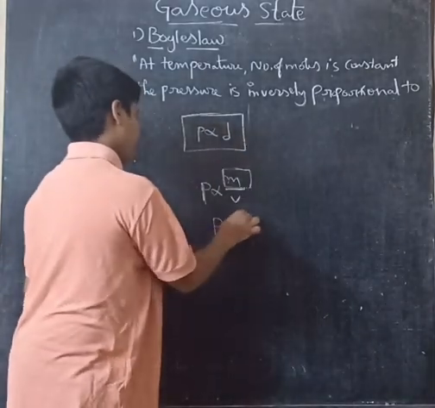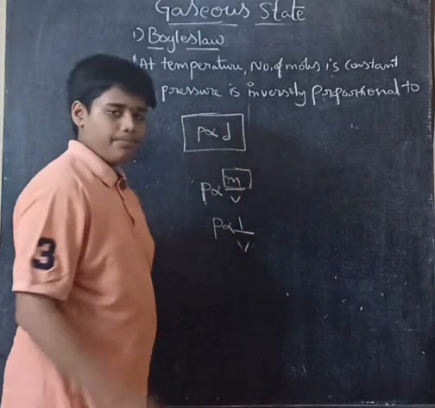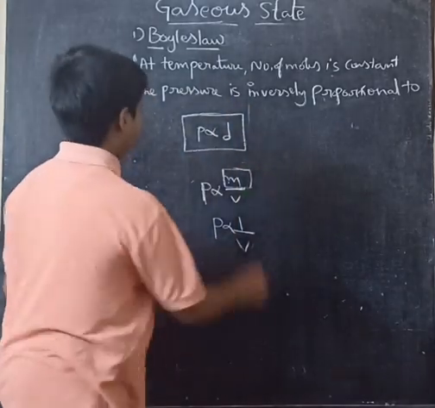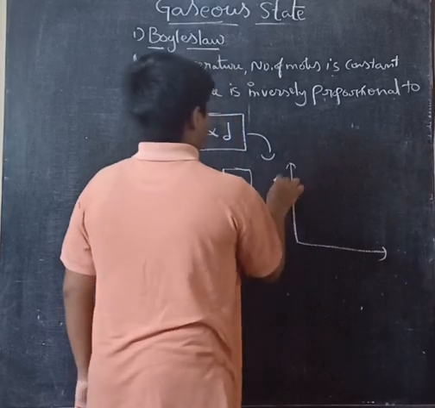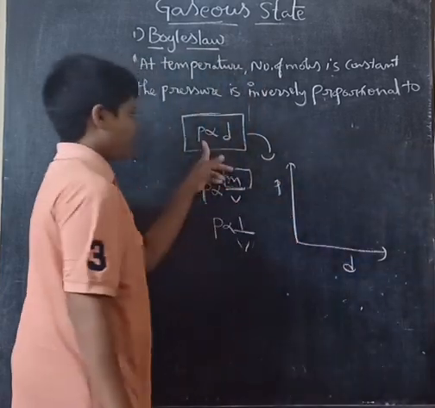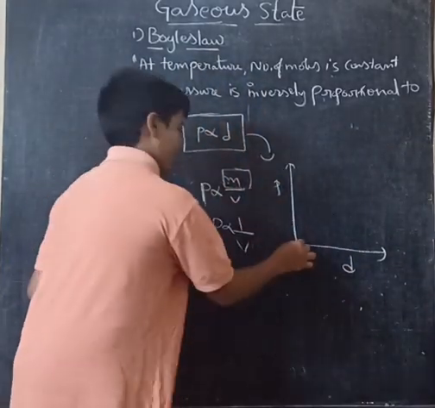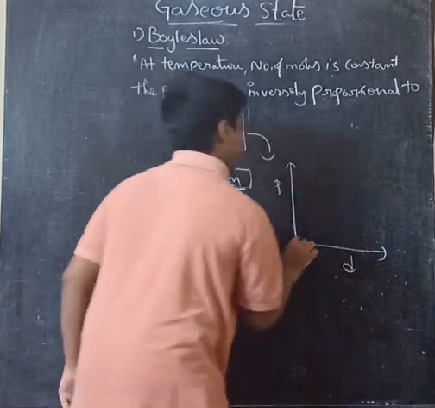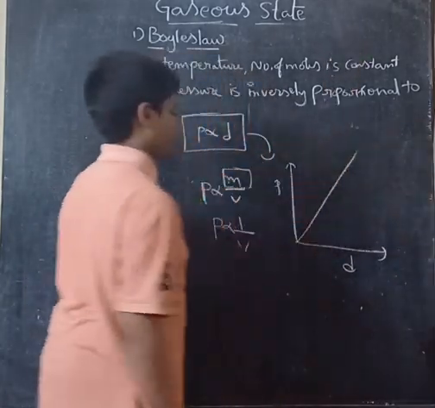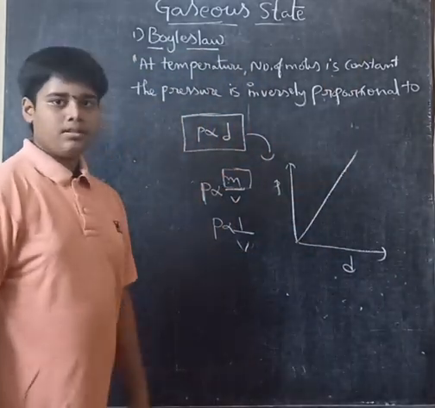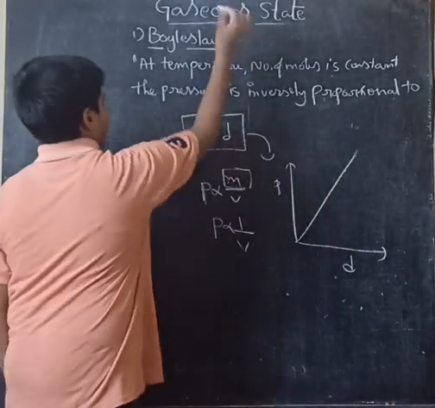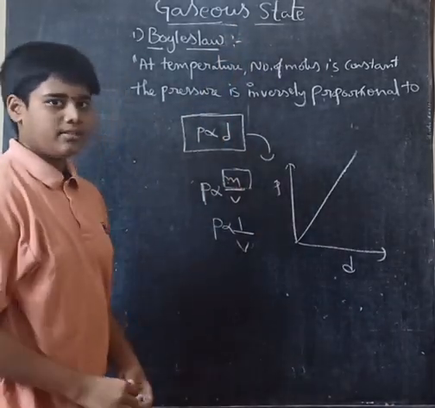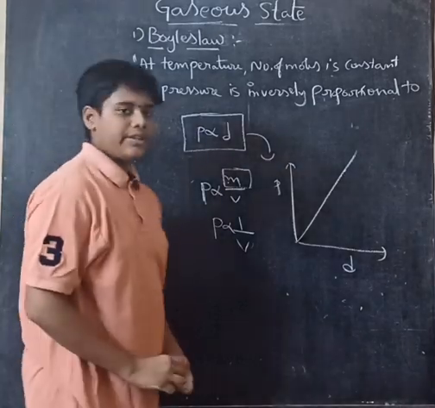For this graph, P and D are directly related: if pressure is increased, density also increases, which means a straight line from the origin. So these are the graphs and this is Boyle's law. This is today's topic.